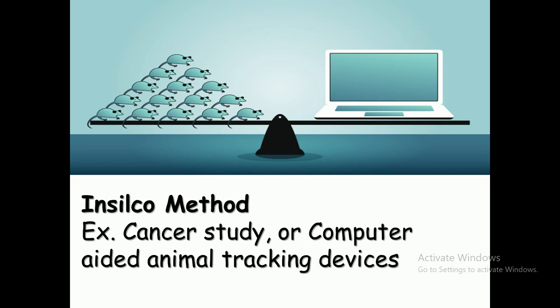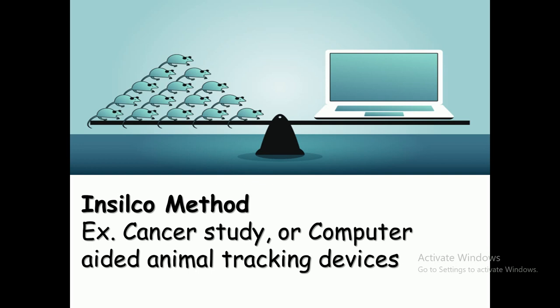Then the in silico method. What is the in silico method? An in silico experiment is one performed by computer simulation. The phrase is pseudo-Latin, in silico, referring to silicon in computer chips. So it is all about computer-aided animal tracking devices.